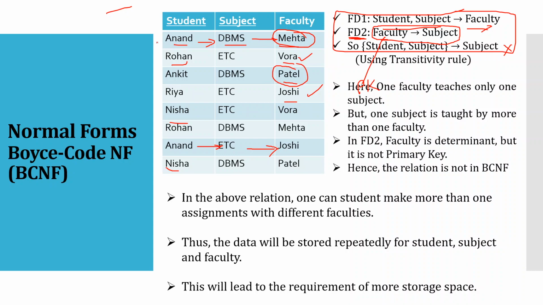And we already said that if you have more than one student learning with different faculties for the same subject, then your data will grow in numbers. Your rows will increase in a table. For that, you will require a large storage. Am I clear till here, everyone?